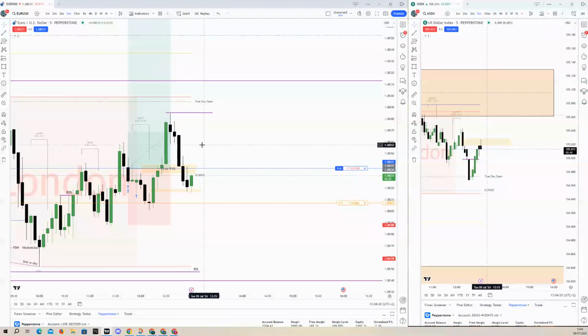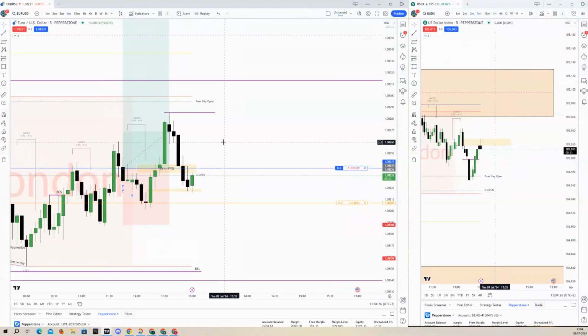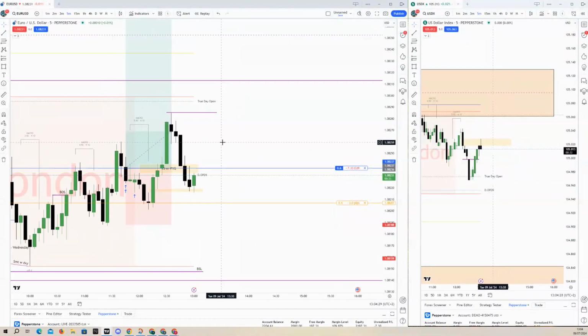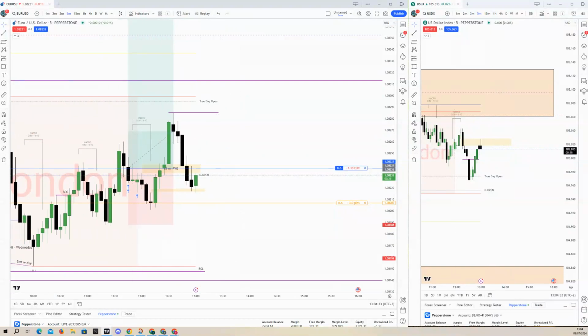The most logical thing for me now is that it reaches this high. However, there's a new factor that's coming into play, which is the news at 4 o'clock. Am I right? Yeah, no, 3:15 actually. So there's some news incoming, but at 4 o'clock there's red folder news.